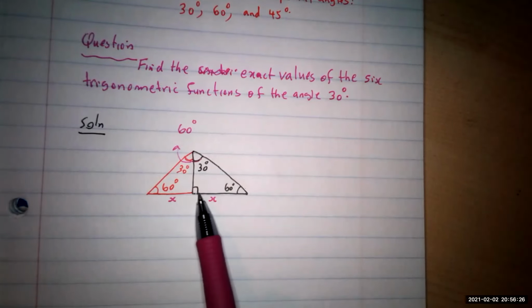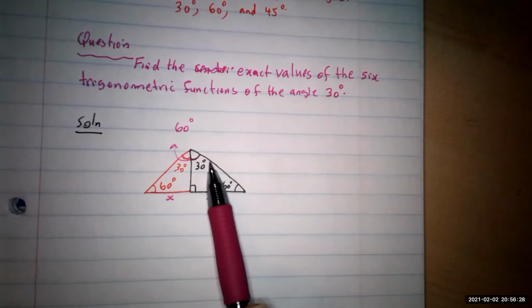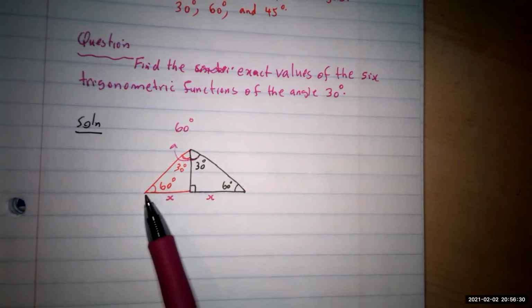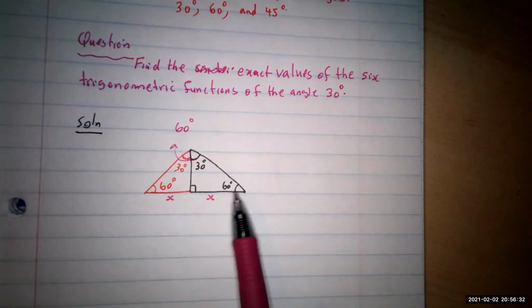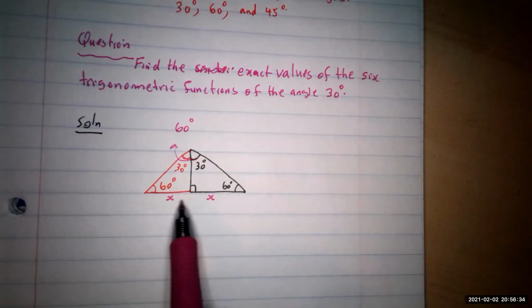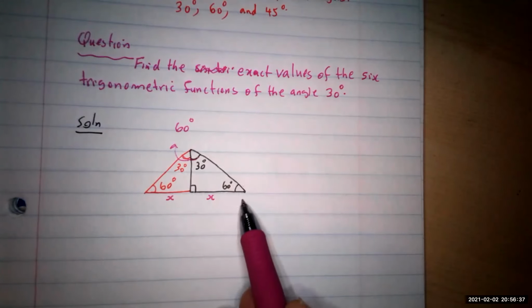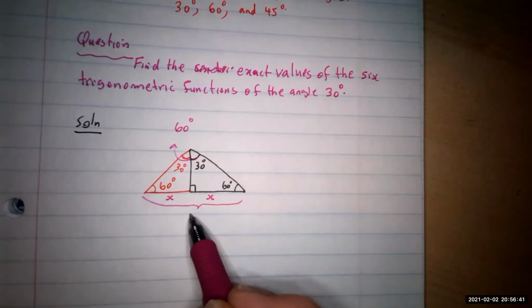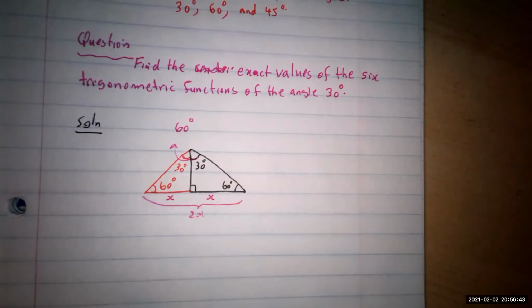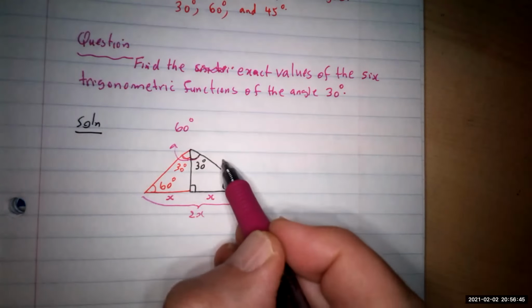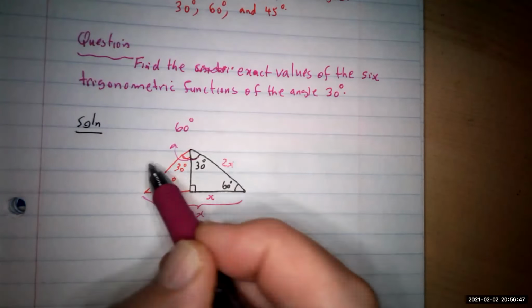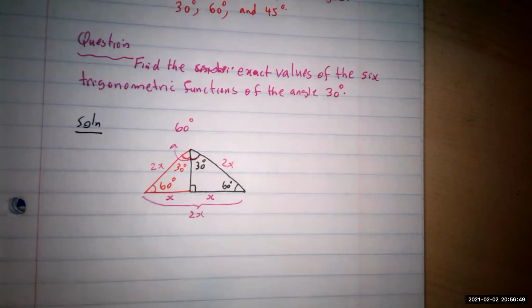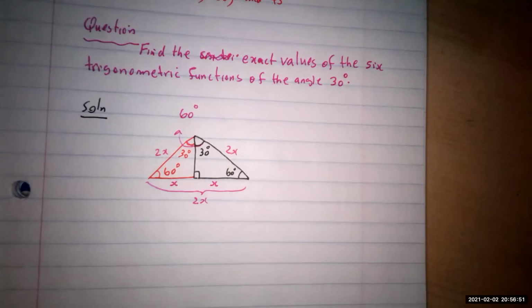So they must be equal to each other. This is x and x, and if you put them together, that gives you 2x. So this side is 2x, and this side is 2x.